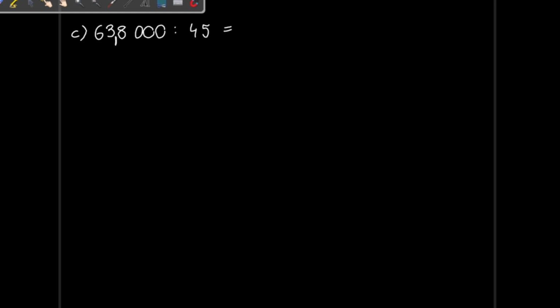And 63 divided by 45, we can put 1 inside, and 18 remains, right? 1 times 45 plus 18 is 63. That's true. And we put down the 8. And once again we divide 188 divided by 45.